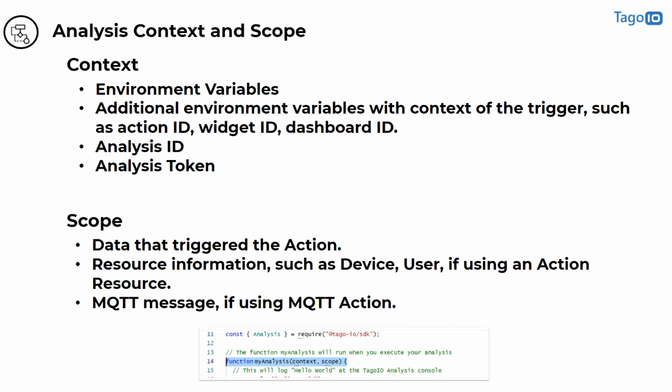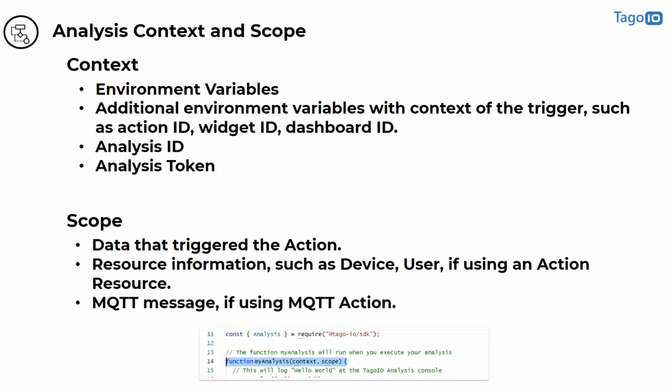And I want to talk a little bit about what exactly these two parameters mean. The context parameter is the first parameter of your function. Later I will show all this in the demo, so just a quick introduction here.